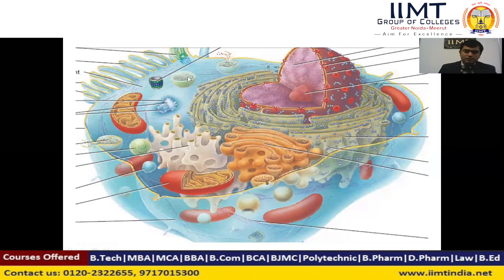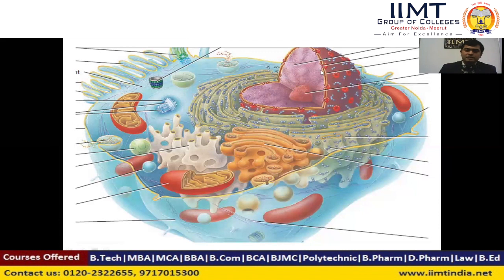All the structures located within the cell except the nucleus are known as the cytoplasm. The cytoplasm consists of two components: one is cytosol and the other is organelles. Structures like the Golgi complex, rough endoplasmic reticulum, smooth endoplasmic reticulum, mitochondria, and centrosomes are known as organelles, and all the fluid portion which surrounds these organelles is known as cytosol, and both unite together to form the cytoplasm.